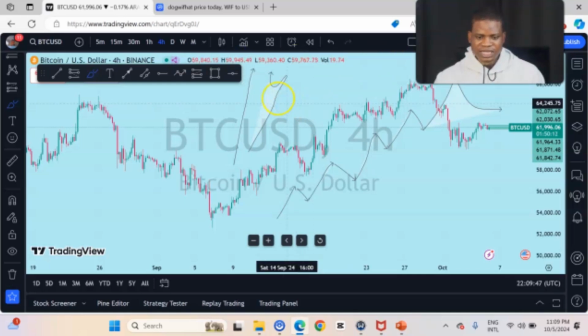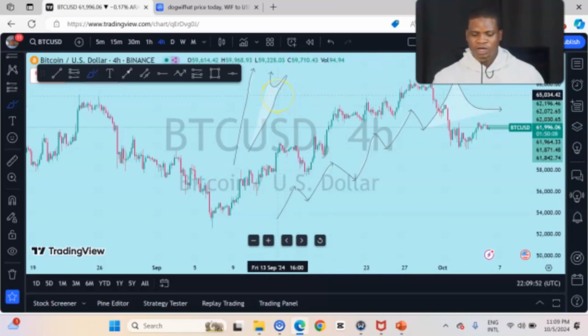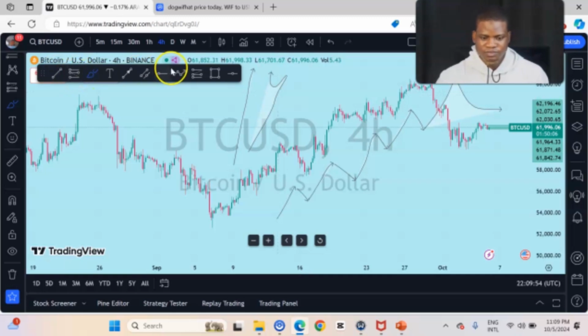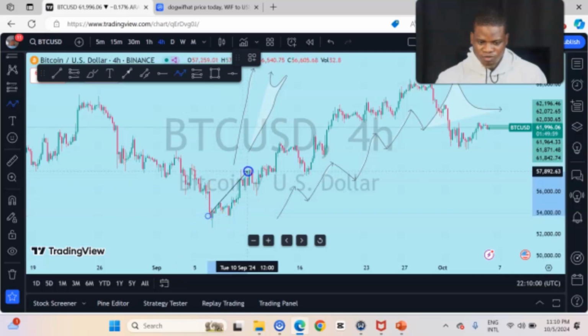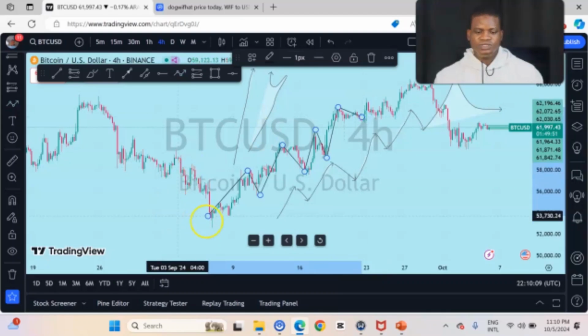So now, I mentioned higher highs, higher lows, lower highs and lower lows. Anytime the market starts moving, you see this point, the market started moving here, moves up, reverses a little bit, moves up again, reverses, moves up again and reverses. The point where it started is called the low.